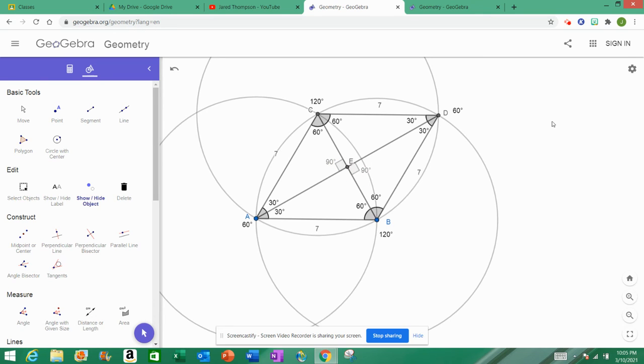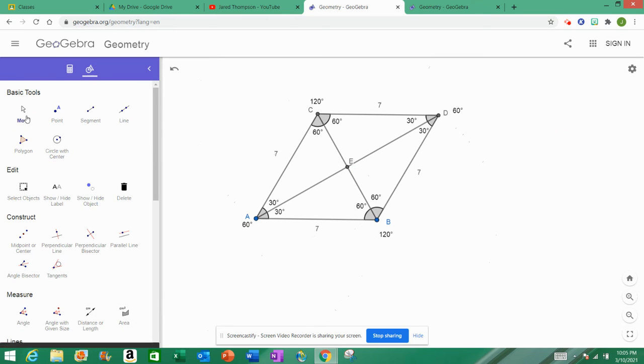I'm gonna hide some stuff. I removed the 90s. Actually, I don't want to do that, so I put the 90s back. Now I gotta move all that stuff again. That's what I get for playing around with this thing. 60 out there, 30 here, 30 here.